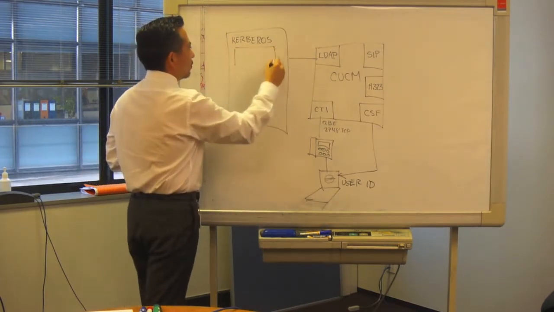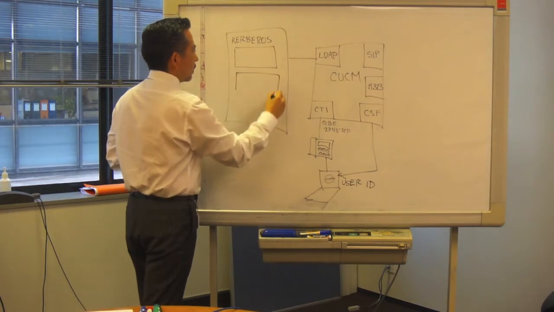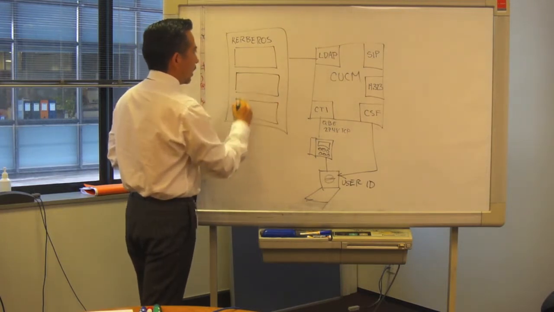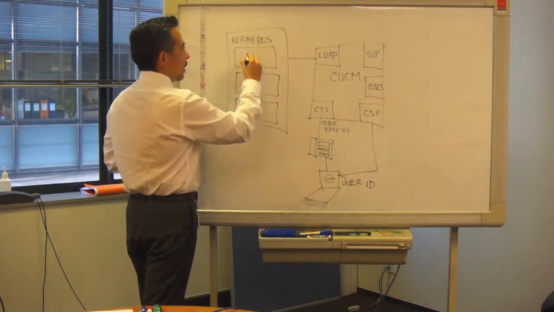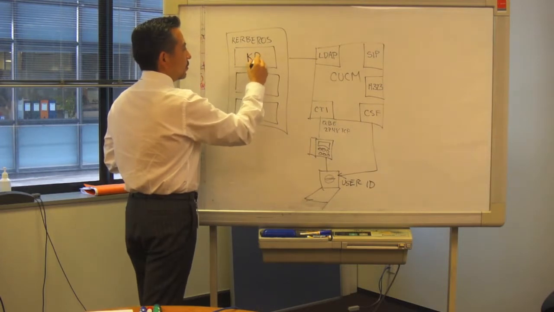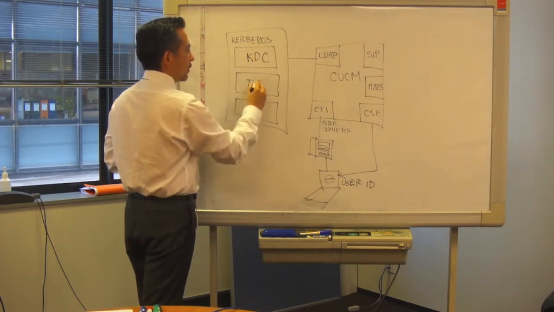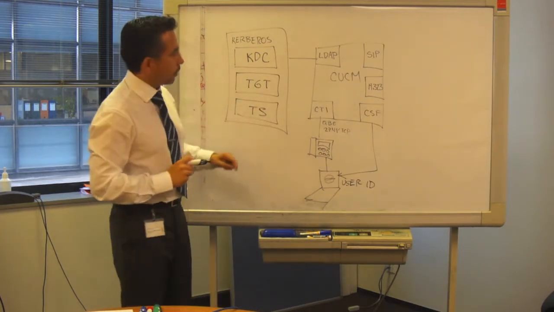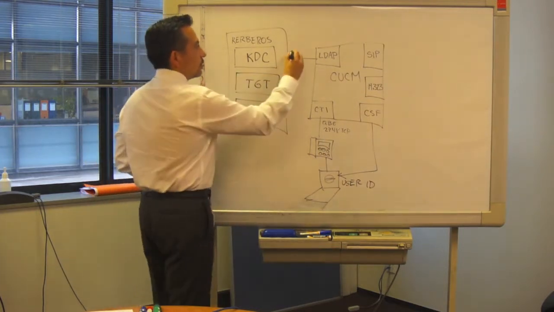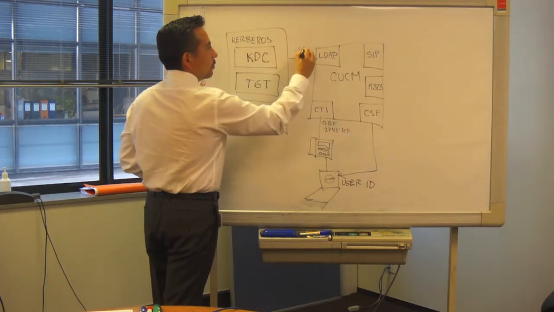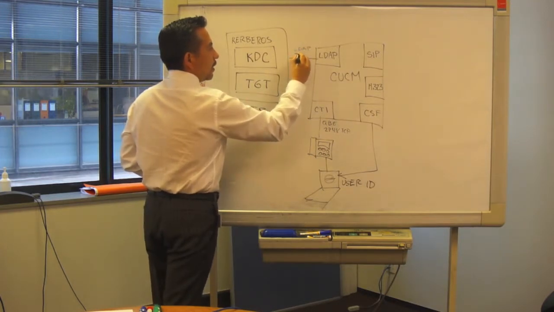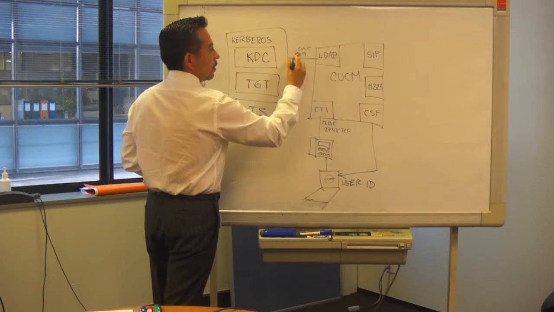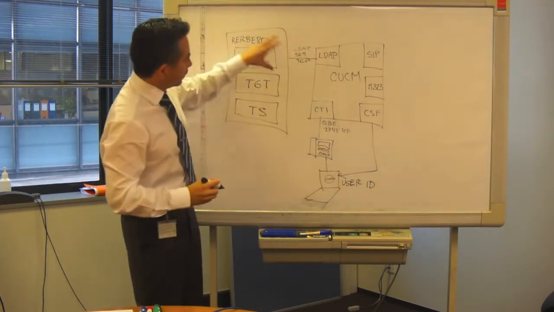The authentication process has three components: the KDC, the key distribution center, the ticket granting ticket, and then the ticket service. This is the LDAP protocol, port 389 TCP, and this is the authentication.